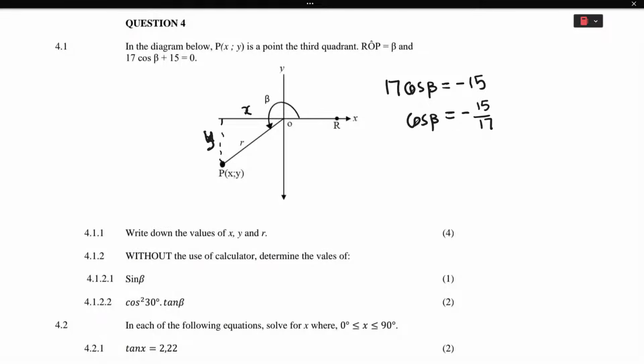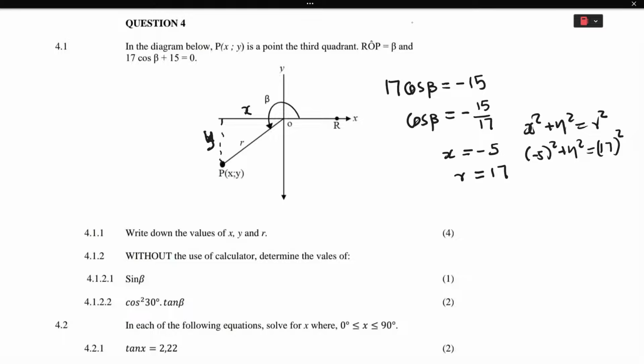Or rather, it's x, not y. Which means now we have x to be minus 5, and then r is equal to 17. So I need y. I use the theorem of Pythagoras. So x squared plus y squared is equal to r squared. Minus 5 squared plus y squared is equal to 17 squared.